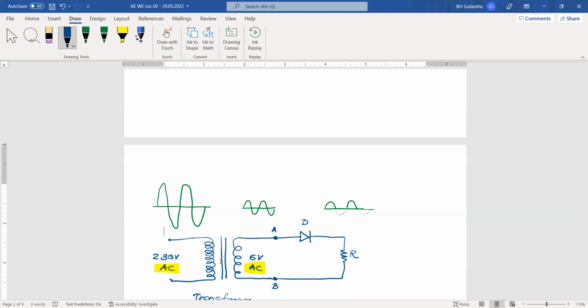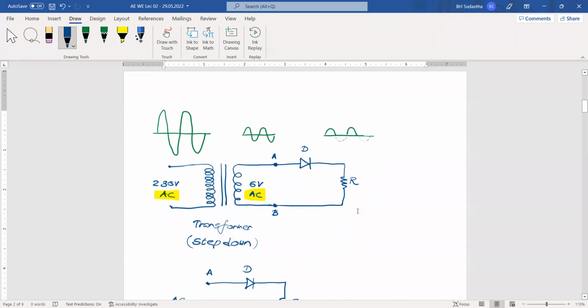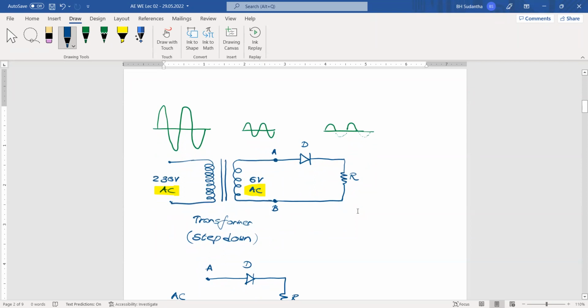Then we have to have an idea of how we can reduce this voltage. Using this step down transformer, we can do it. After that, still we have AC voltages. Then using this small circuit setup, using a single diode, you can do this one, but these voltages are still not good for electronic devices, but for the resistor, it doesn't matter.